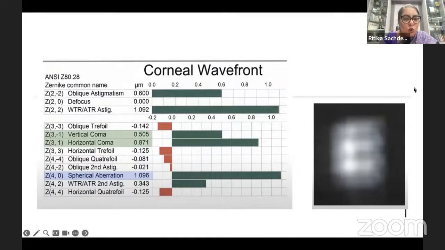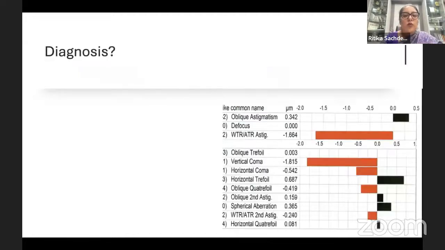So the image is distorted. You have a great amount of positive spherical aberration and a greater horizontal coma than a vertical coma because the decentration was more horizontal than it was vertical, right? So from the knowledge of how a wavefront error is caused, you can predict the kind of wavefront profile or match it.